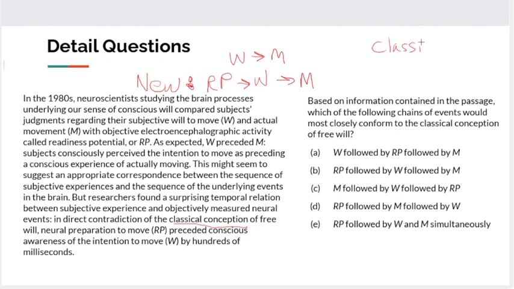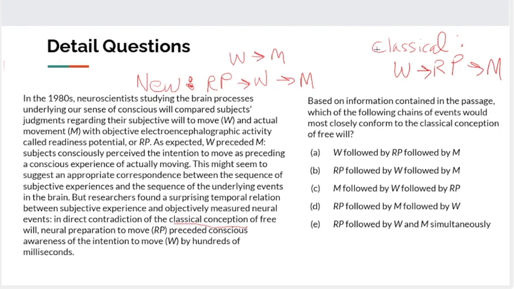So what that means is that the classical understanding would suggest that W precedes RP. And while they don't mention M, we'd have to conclude that M is last because that's the actual movement. So we wouldn't expect the readiness potential in the brain to come after the movement.